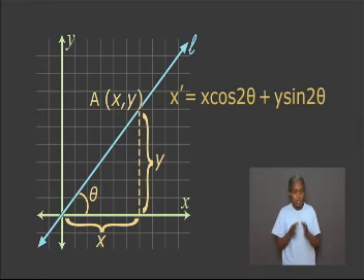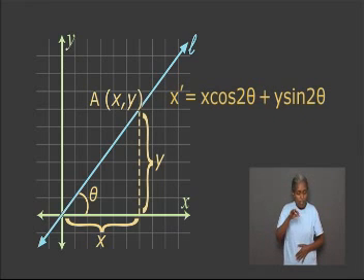If we want to calculate the image of point P, we can find its coordinates through this relationship. x prime equals x times cosine 2 theta plus y times sine 2 theta.